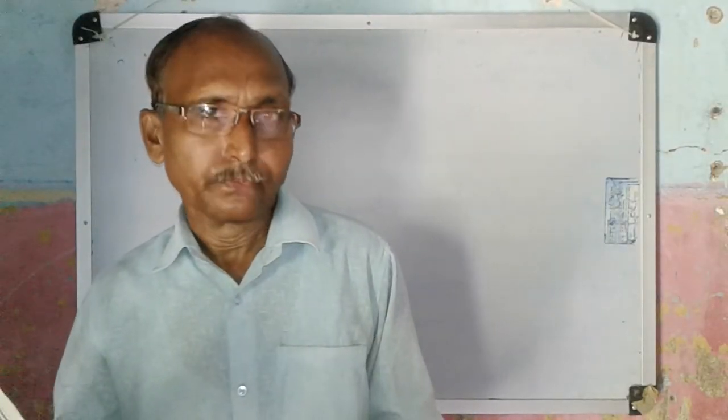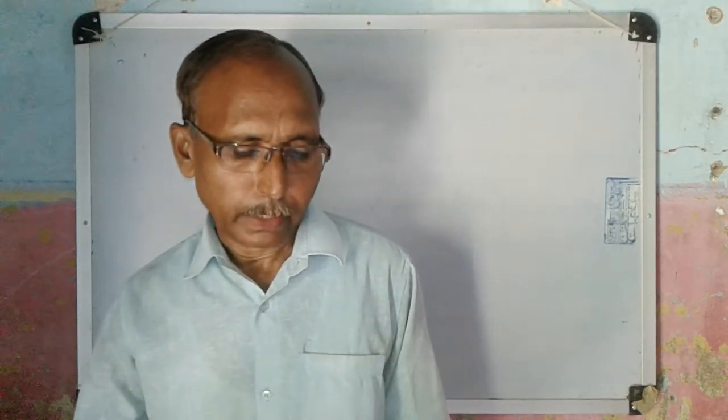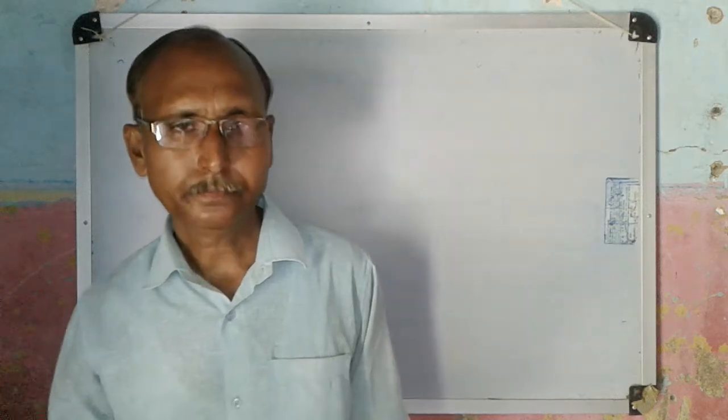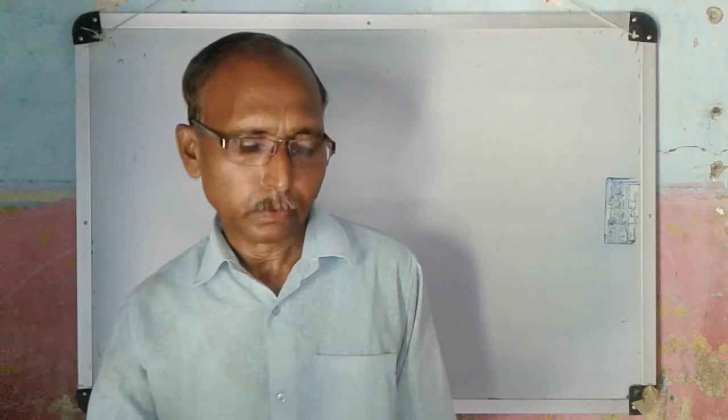Now question number 4 from practice set 1.1. Write the following sets using listing method. First example is all the months in the Indian solar year.